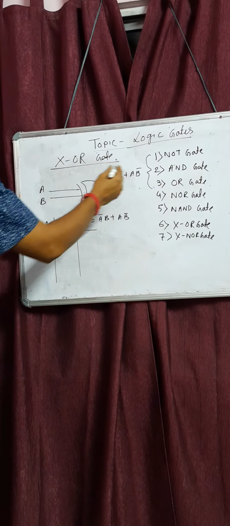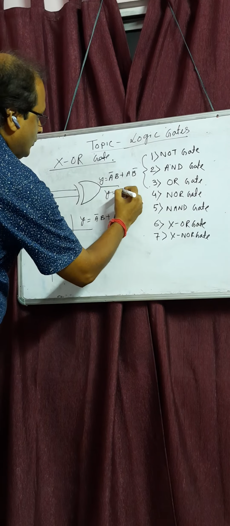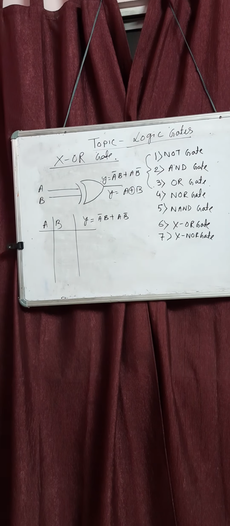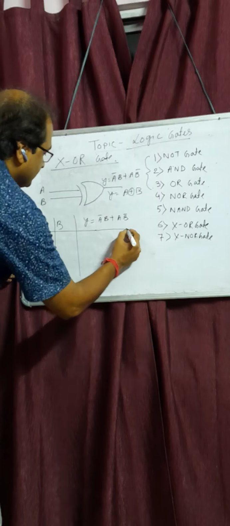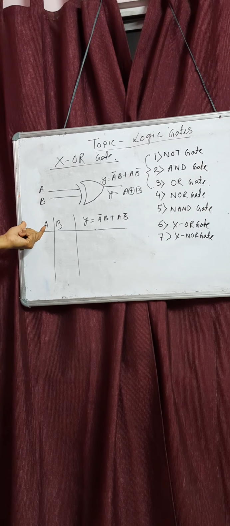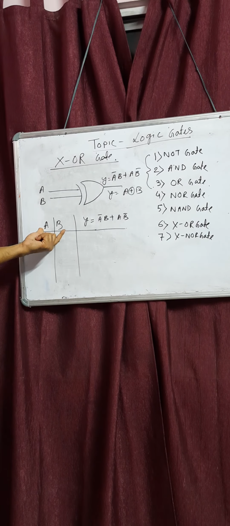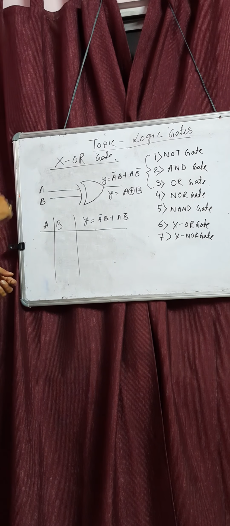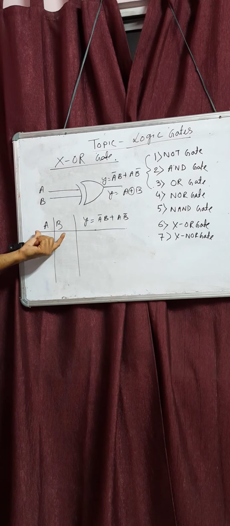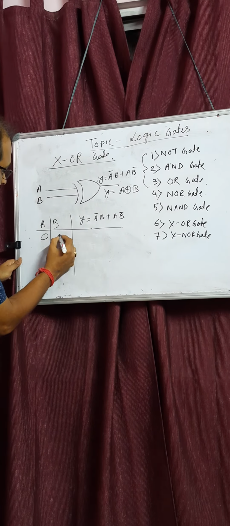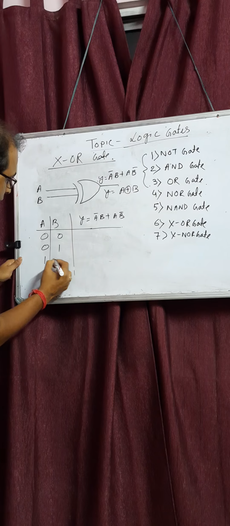Another expression of this XOR gate is Y is equal to A XOR B. Again you see two inputs, A and B, so possible input combinations will be 4. That is 0 0, 0 1, 1 0 and 1 1.